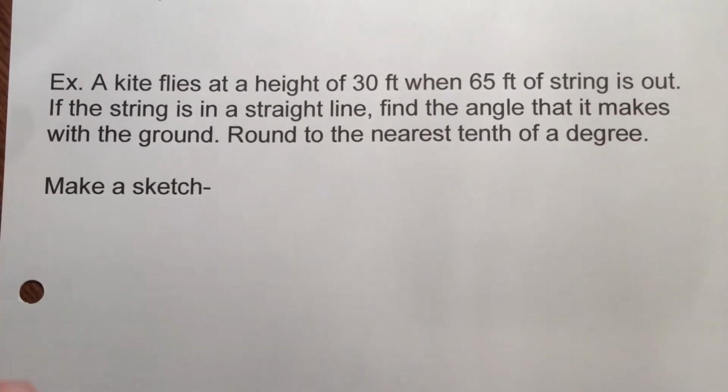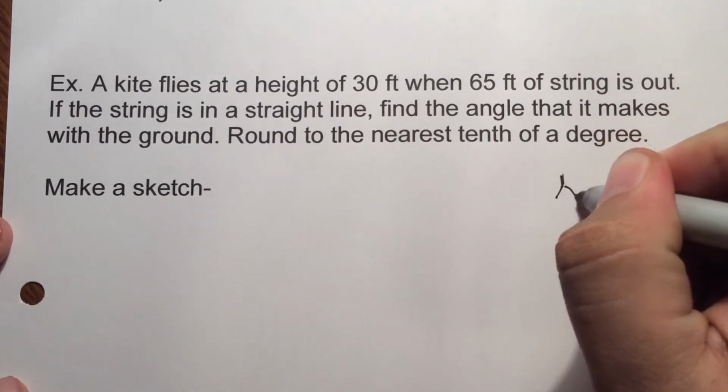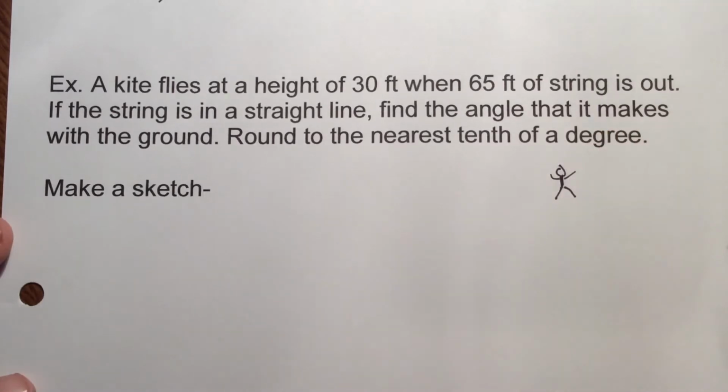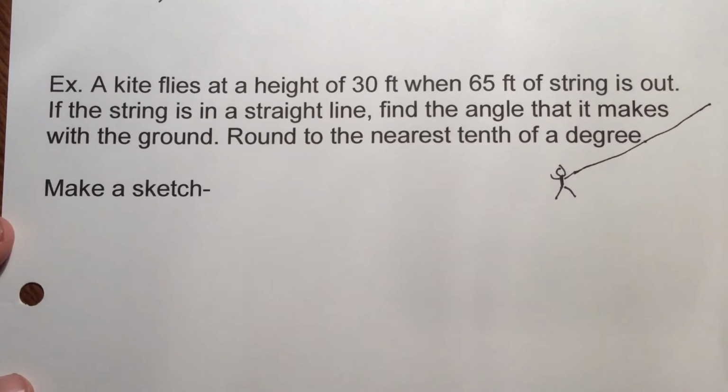So, a kite is going to fly at a height of 30 feet when 65 feet of string is out. If the string is in a straight line, find the angle that it makes with the ground. Round to the nearest 10th degree. So again, we're going to draw this out. So here's our dude. And he's holding the string to the kite.